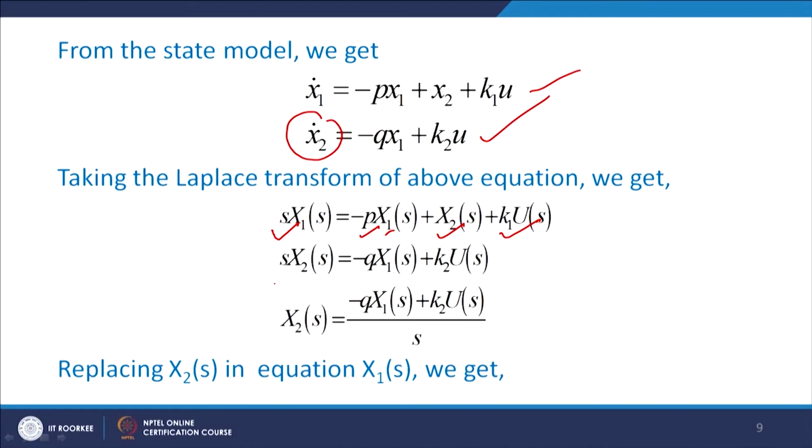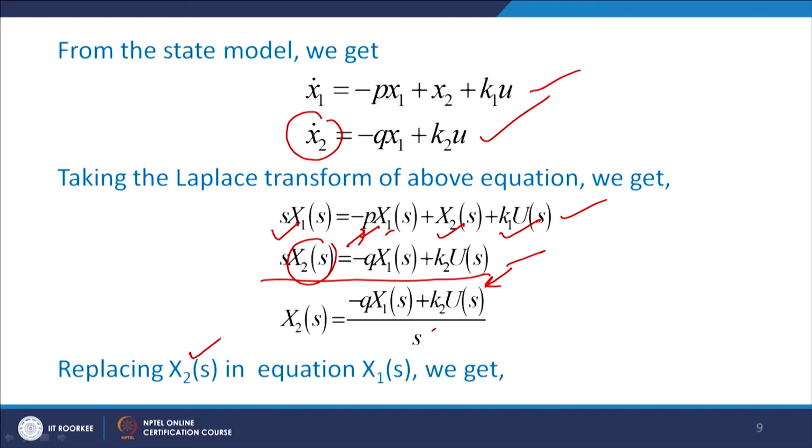Now see these equations. We have to solve them. The best option is to replace the value of x2 of s in the first equation. Therefore, the second equation is represented as x2 of s equals minus q x1 of s plus k2 u of s, divided by s.